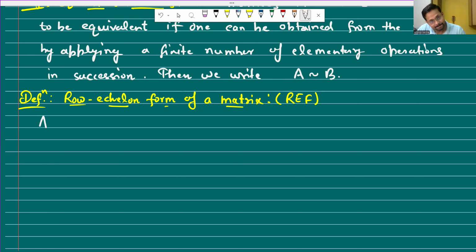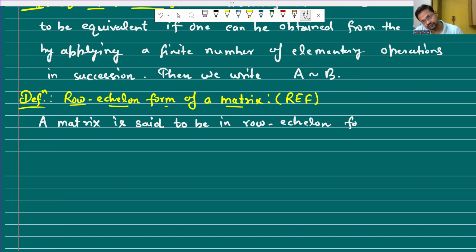So a matrix is said to be in row echelon form if, number one, we have all zero rows at the bottom of the matrix, है ना। Zero rows means all the elements of the row are zero.